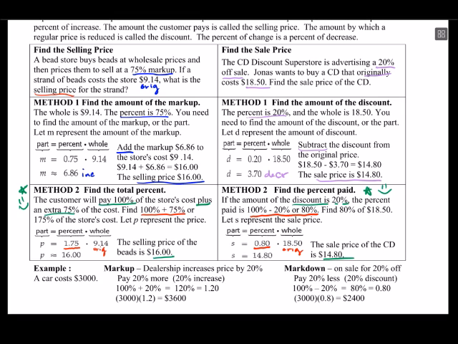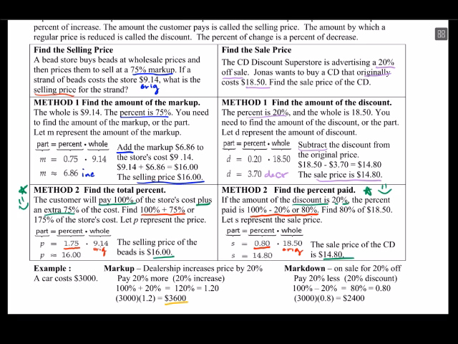We have another example here. A car costs $3,000. A dealership will mark up a car so that they make money off of it. At the dealership, you would pay 20% more, so that would be 120% of our $3,000. And the dealership charges you $3,600.